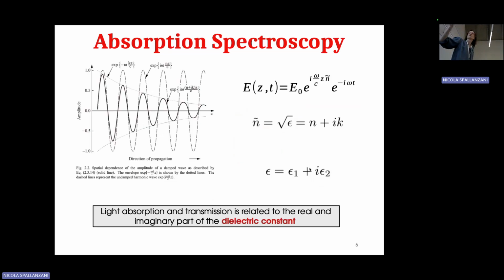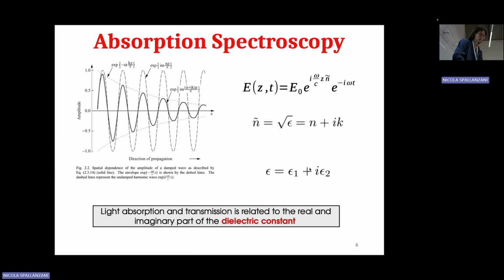The answer is more or less on this slide, in the sense that when a wave propagates inside the material, this wave is attenuated, because the radiation interacts with the material, and the material influences the propagation of the radiation.